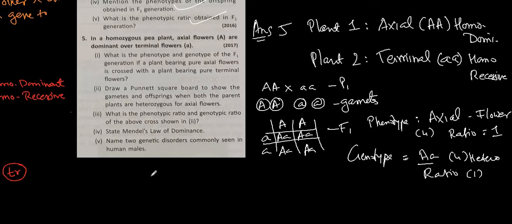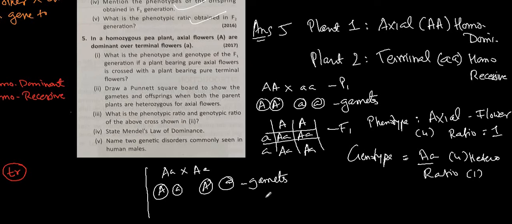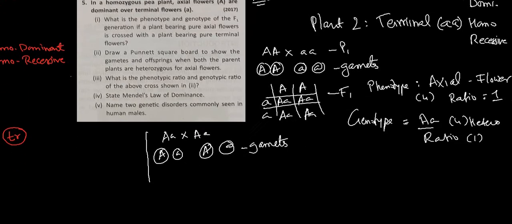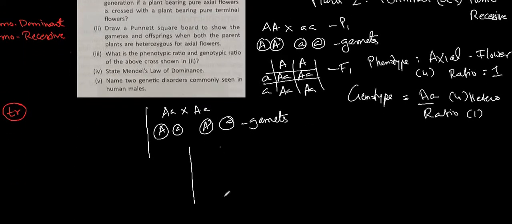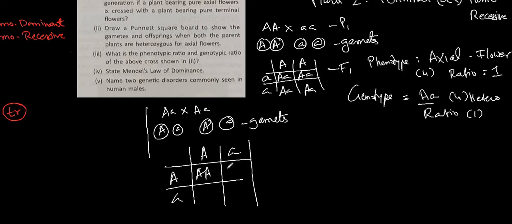Then we go further as capital A, small a crosses capital A, small a. These are the gametes. Now you make a Punnett square. Here you get capital A, small a, capital A, small a, capital A, capital A, capital A, small a, capital A, small a, small a, small a. This is my F2 generation.